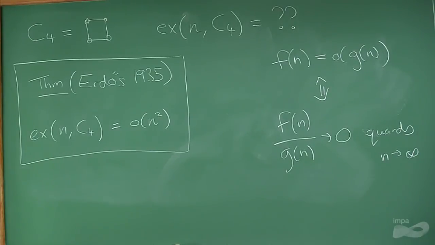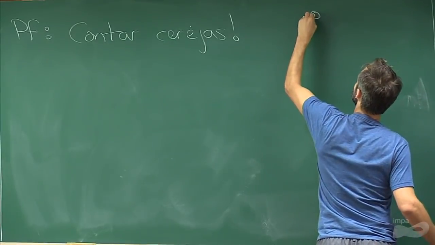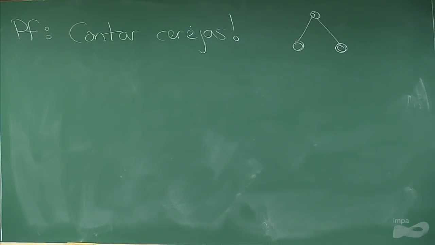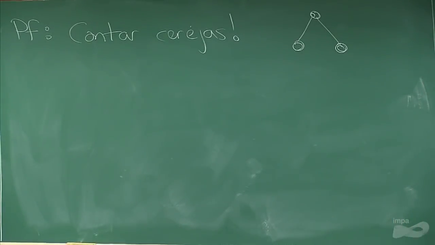And so the proof idea is we're going to count cherries. And what is a cherry? That's a cherry. I think it's an extremely non-obvious thing to do. I'm going to count them in two different ways. So, how many cherries are there in a graph?